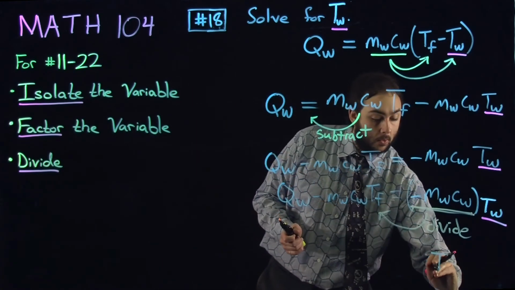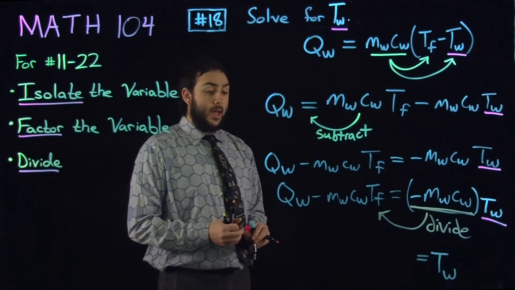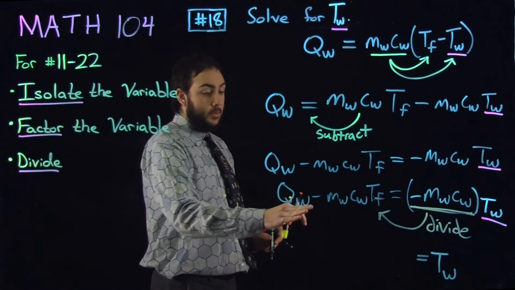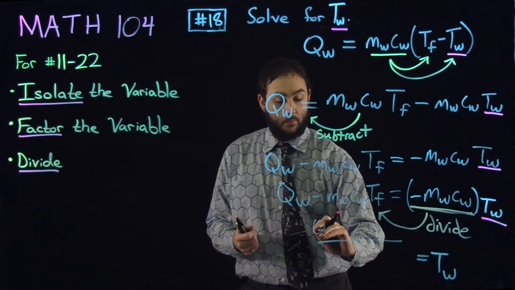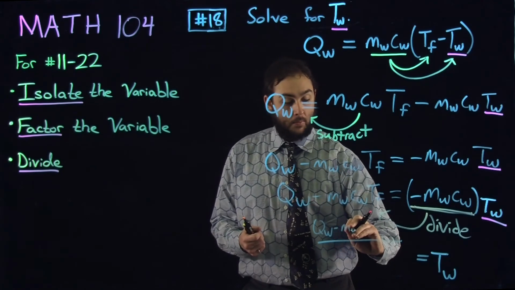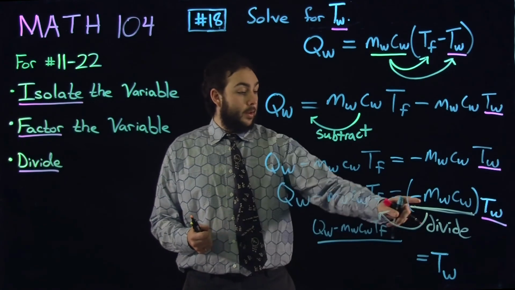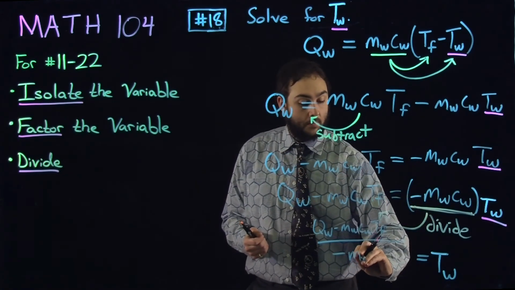So on the right, we have t sub w, and on the left, these terms will become our numerator, and the term that we divided by will become the denominator.